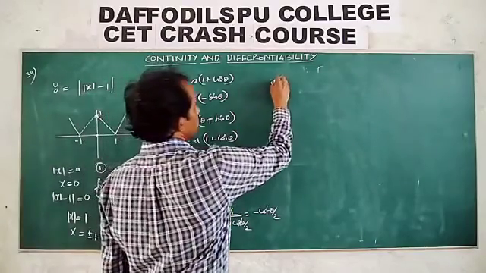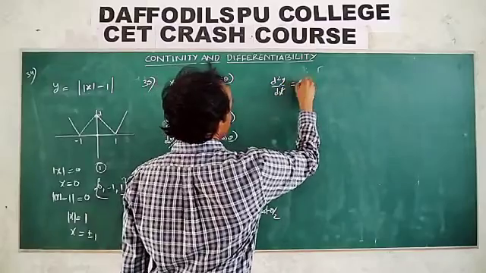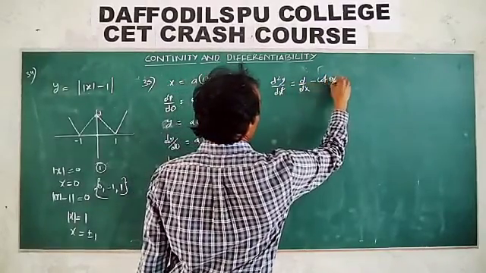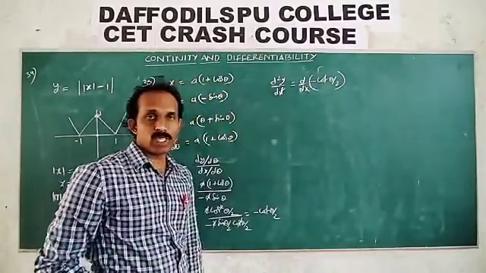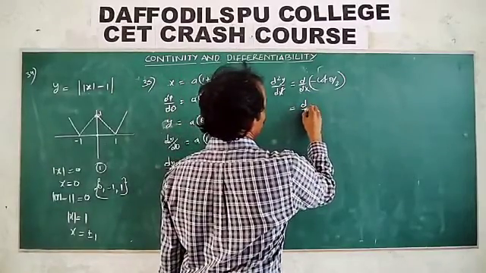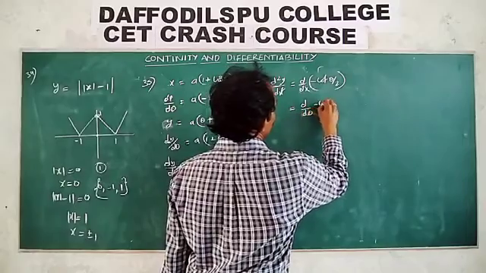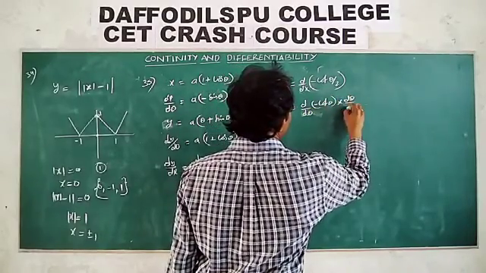But we want d square y by dx square. So that implies d by dx of minus cot theta by 2. But the inside function is theta, so taking the derivative with respect to x directly is not possible. So d by dx of minus cot theta by 2 can be written as d by d theta of minus cot theta by 2 into d theta by dx.